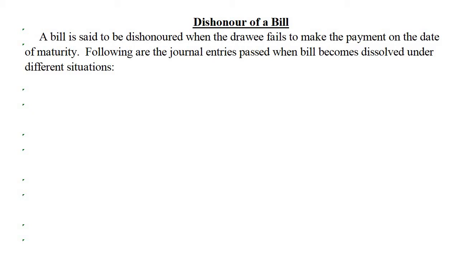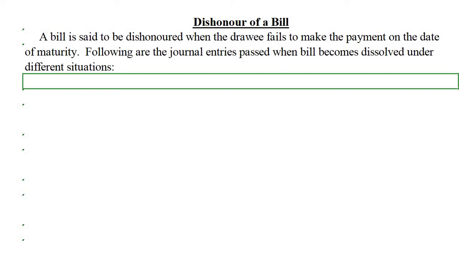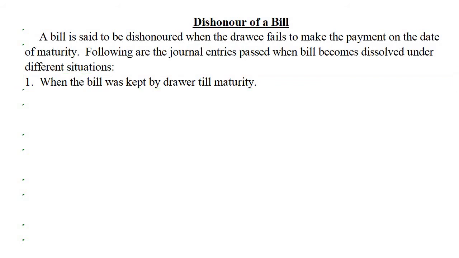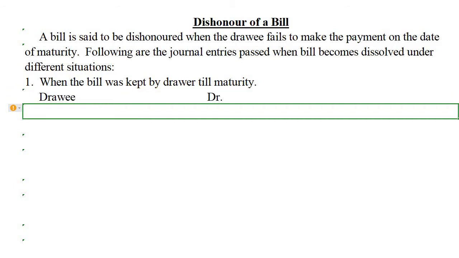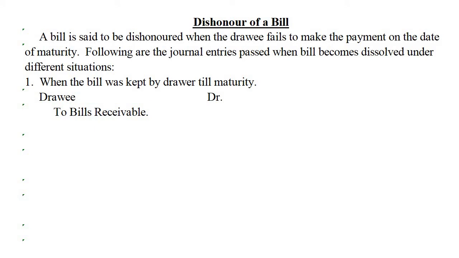Let us see each situation. First one is when the bill is kept by the drawer till maturity. When the bill is retained with the drawer till maturity, what will be the journal entry on dishonour of a bill? We will write the journal entry as drawee debtor to bills receivable. When we drew the bill, we wrote the journal entry bills receivable debtor to drawee.